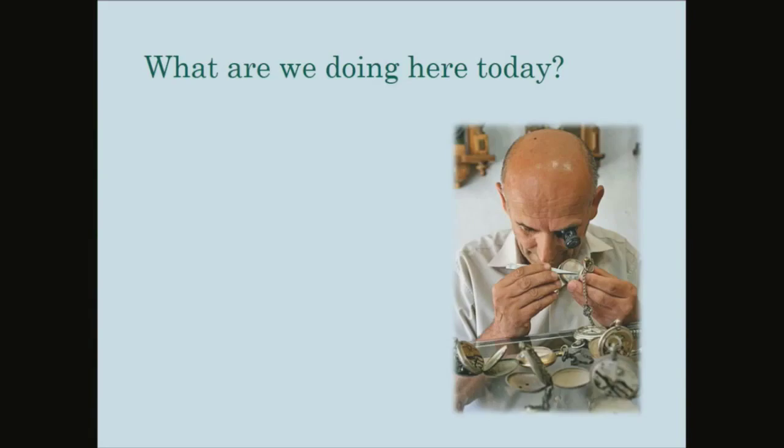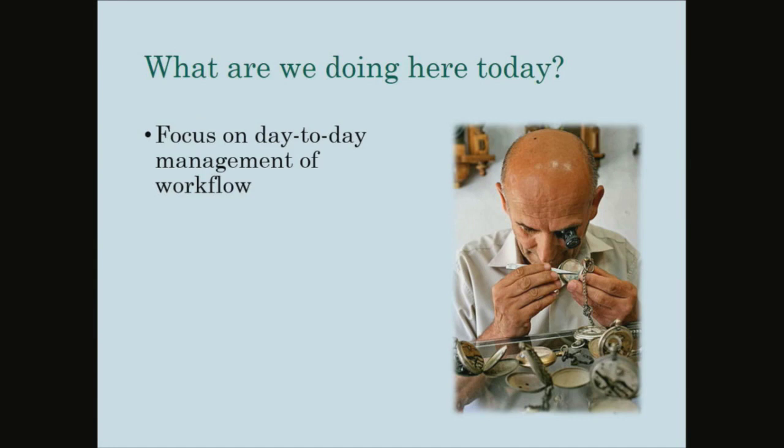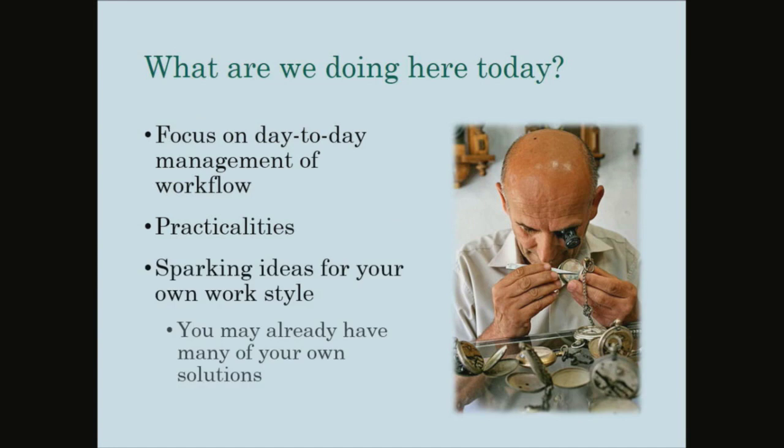One other thing that I want to mention is that I'm going to be focusing on the day-to-day process of textbook authoring. By that I mean practical things, such as your workspace, what size microscope you need to repair the watches, and so on. The idea is not to say the way I do it is the right way and everybody should do that.